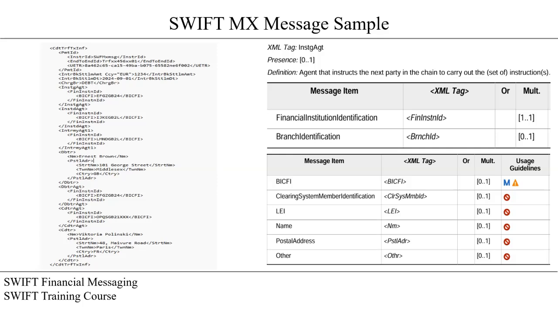And then to the right is the specification. Because with the MX message the library is quite big, I've just taken a screenshot of some bits just to show you an example of some elements of an MX message. It is also known as a schema. So the schema is basically the format for an MX message.